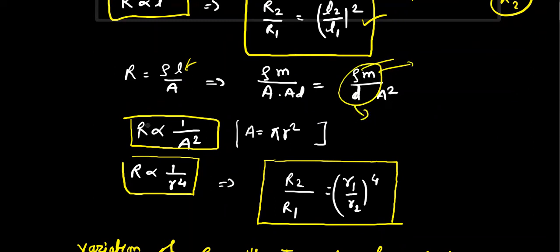From this expression we can easily get this result, which states that resistance is inversely proportional to the square of area, and as we know that area of cross section is directly proportional to the square of radius, we can conclude that resistance is inversely proportional to the fourth power of the radius of a wire.